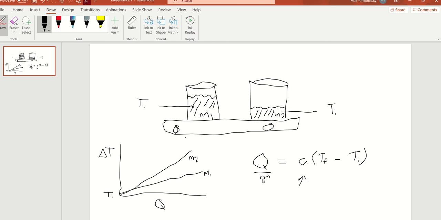Now you notice that the change in temperature is inverse with mass. And that's because basically if you have more mass, it's harder to change the temperature, and that makes sense. This quantity is called the specific heat, and it tells you how much energy or heat do I need to raise the temperature of this water by 1 degree for 1 gram of mass. Sometimes people write this equation like this: Q equals M times the specific heat times the change in temperature. Okay?